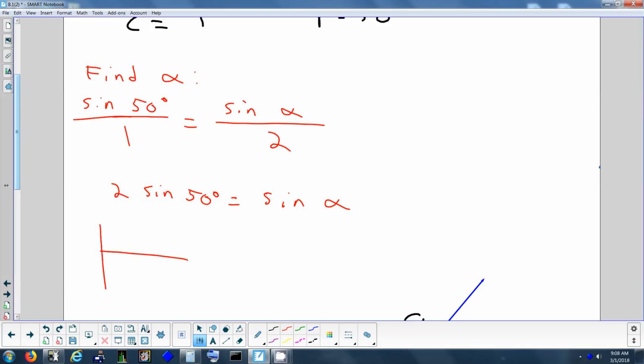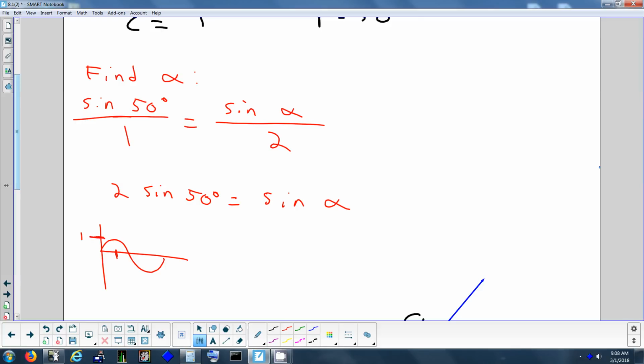Well, if I know that, think about your graph of sine for a second. This is 90, right there. That's where you hit the highest point. So from 0 to 90, the sine function is going up, and it's getting closer and closer to what number? 1.